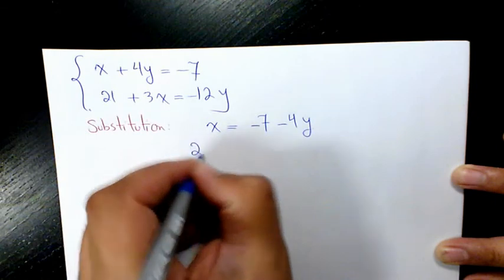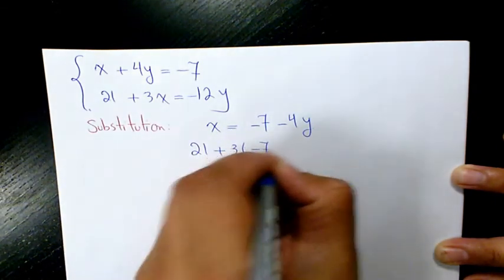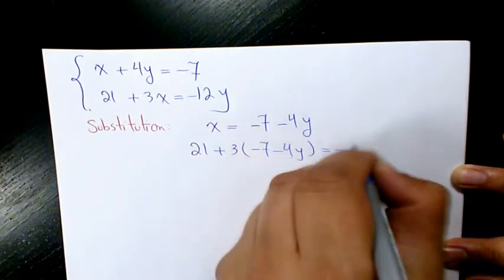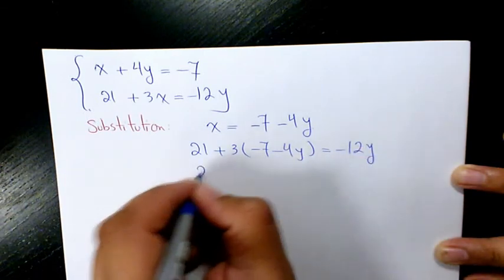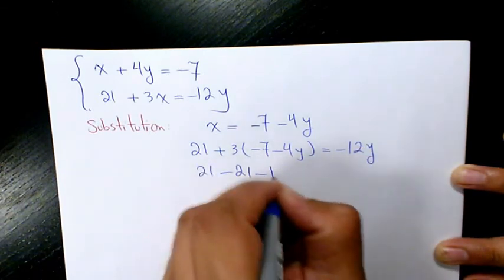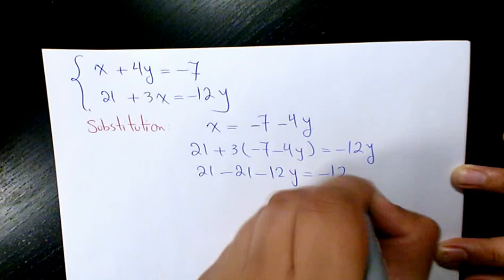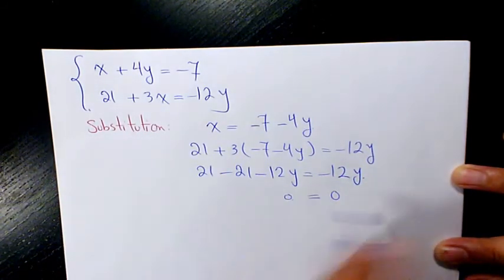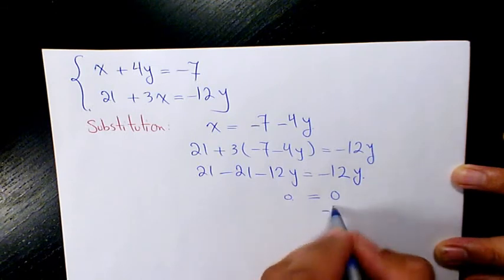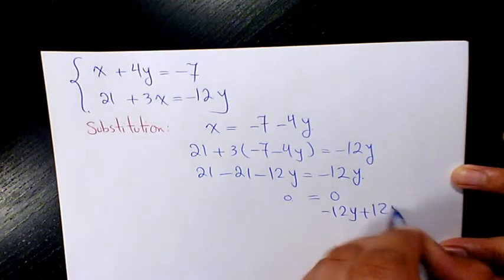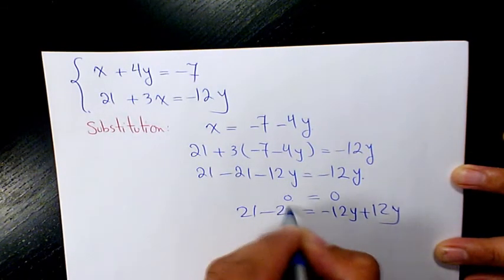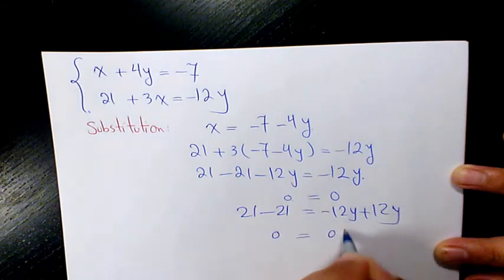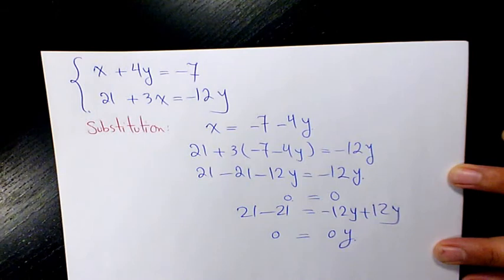Sub it there: 21 plus 3 times negative 7 minus 4y equals negative 12y. So we have 21 minus 12y equals negative 12y. When you move it to the other side, it's going to be negative 12y plus 12y. Here you have 21 minus 21. So 0 equals 0y. It means that for any value of y, that's going to be valid.